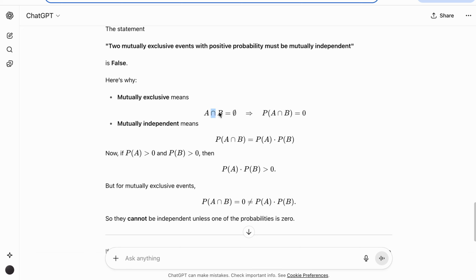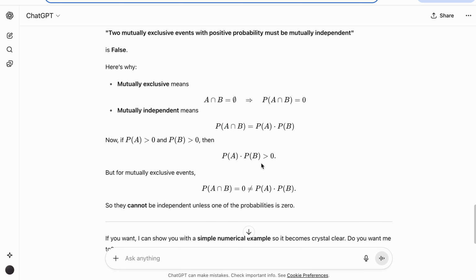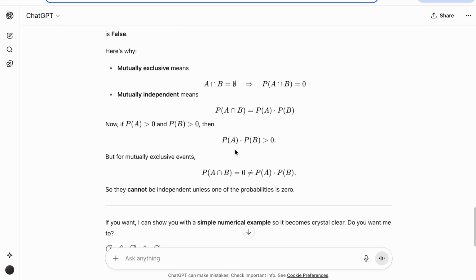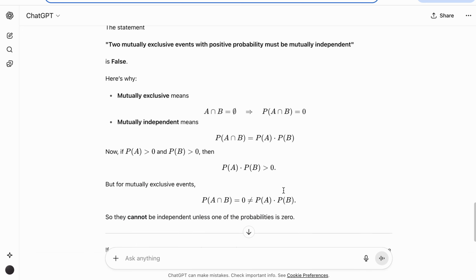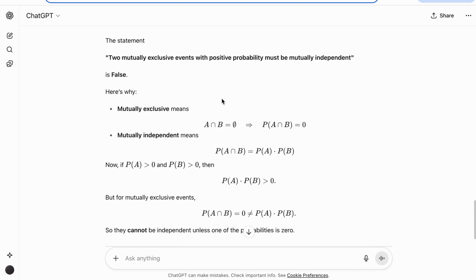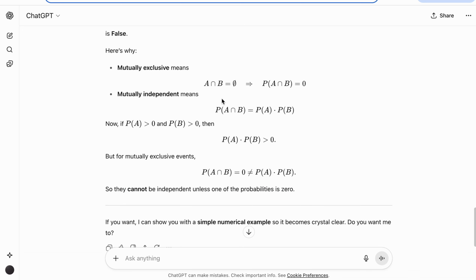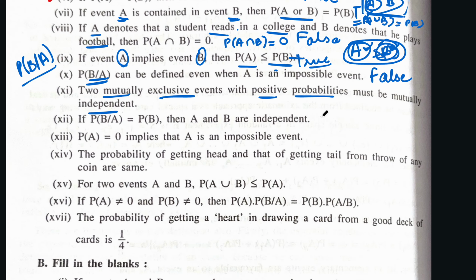Mutually exclusive means this. Mutually independent means this. Mutually independent events cannot be mutually exclusive because mutually exclusive would mean zero. Okay, false.